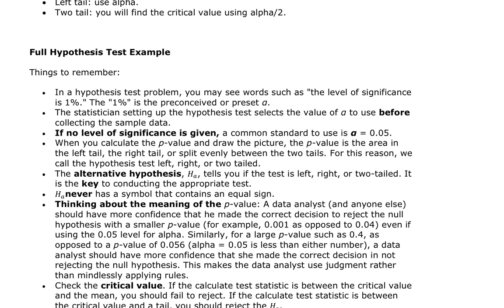That's what it means when we're talking about p-values and rejecting and failing to reject, the reject region, and the critical value. Check your critical value. If the calculated test statistic is between the critical value and the mean, you should fail to reject. If the calculated test statistic is between the critical value and the tail, you should reject, right? So we talked about that with our pictures up above.